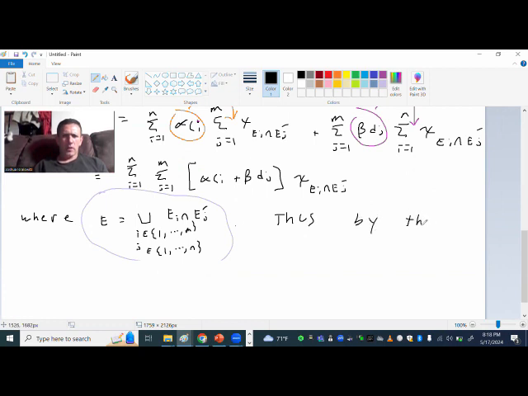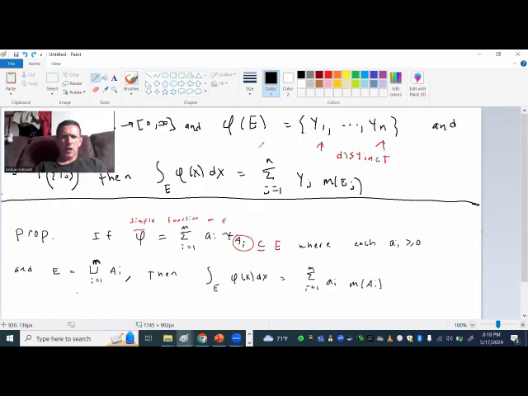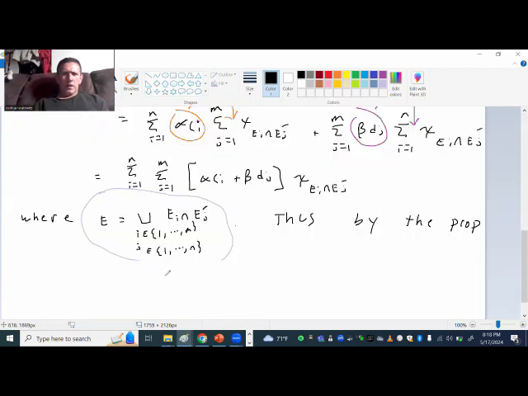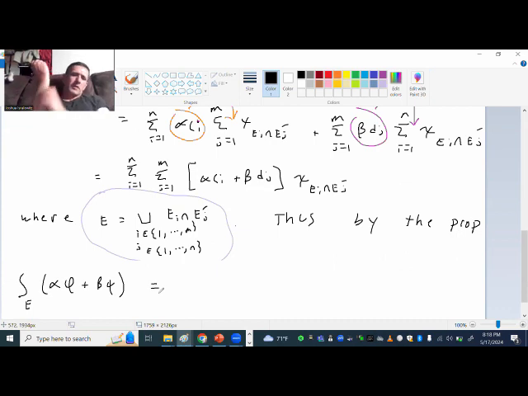So by the proposition, what proposition? This proposition, right here. Okay, so by the proposition, this is going to be equal to the sum. It is easier to write as a double sum here, I think.